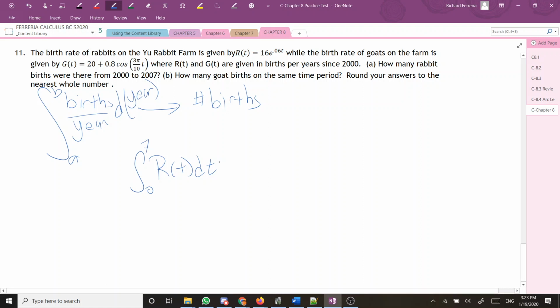In the past, there's been a little bit of talk about whether that should be 8, beginning of year 0 to the beginning of year 7, or maybe the beginning of year 0 to the beginning of year 8. It's looking more like the people saying 8 are more correct than the people saying 7. But in order for us to match our answer key, I think we're just going to go to 7. So let's take a look at that.